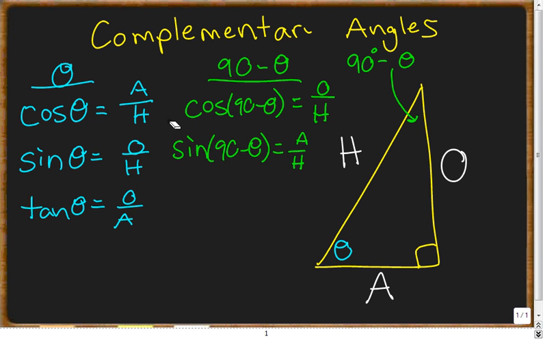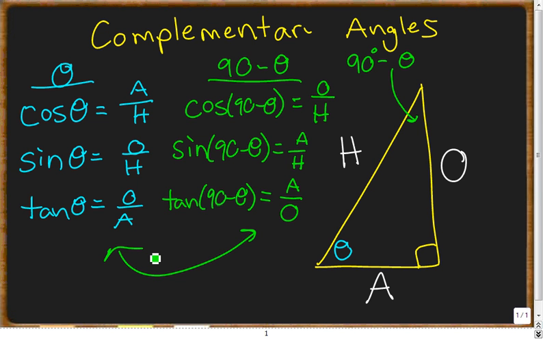So that's nice. And then when we deal with the tangent of 90 minus theta, or pi over 2 minus theta, that also works. The tangent would be its opposite over its adjacent, so that's going to be a over o. Now, that is the reciprocal of tangent. We call that the cotangent.